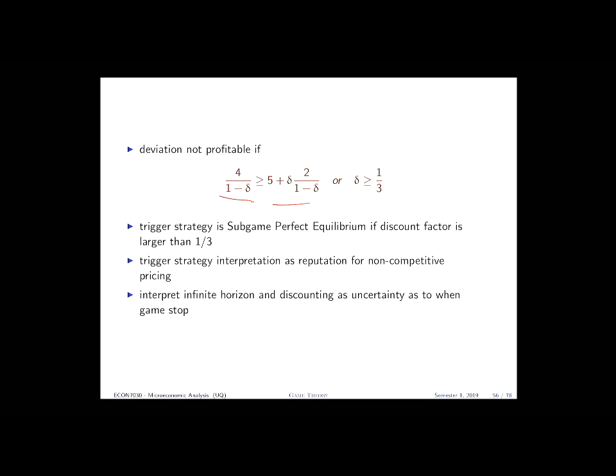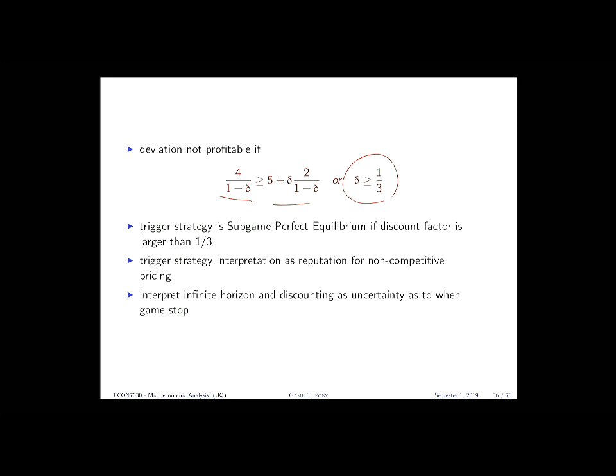I'm assuming, again, you know this kind of algebra. If you don't, just come to me or to your tutors. We'll explain it to you. Multiply both sides by 1 minus delta, and then take delta to one side, everything else to the other side. You get delta greater than 1 over 3. So if delta is greater than 1 over 3, then cooperation can be supported as the SPE of this game.